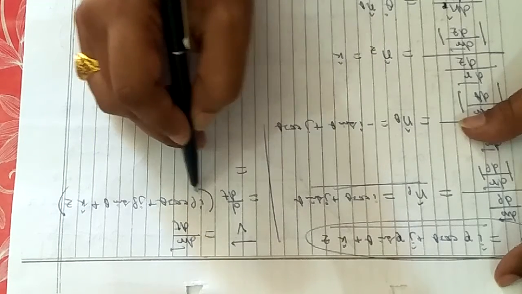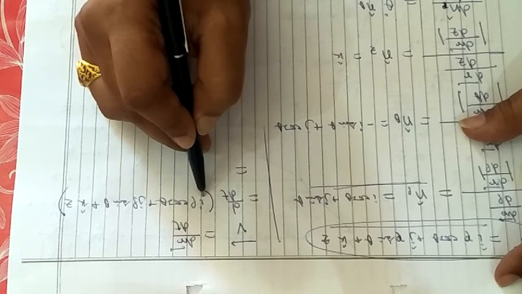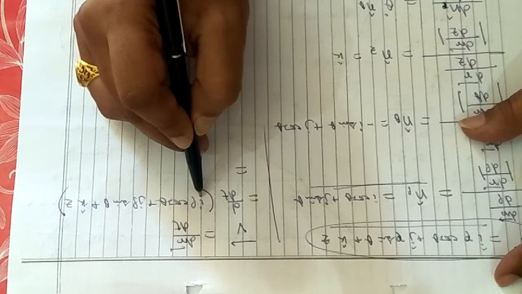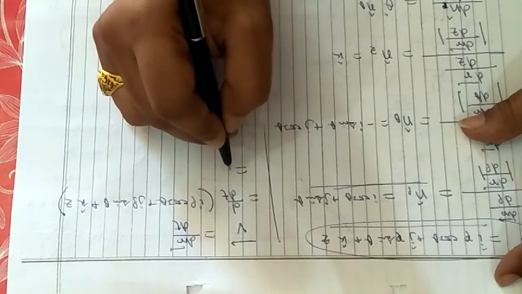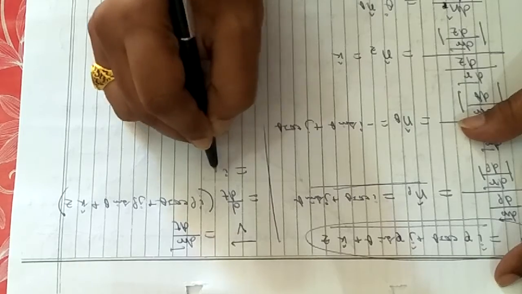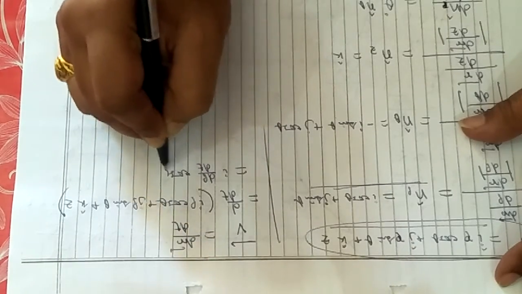Differentiate it. The first term has several variables. The first variable, you consider i constant, then d rho by dt, cos theta constant. So I am doing it for you. i, then d rho by dt, then cos of theta.